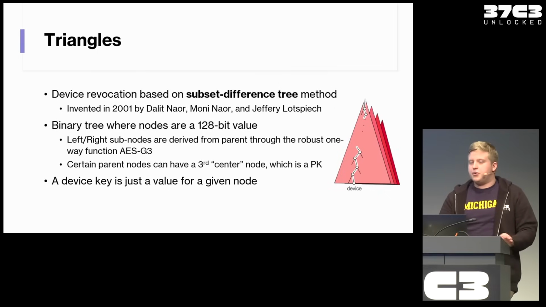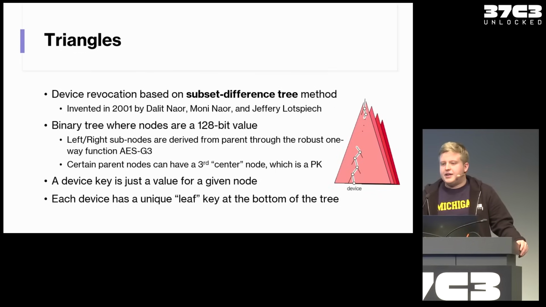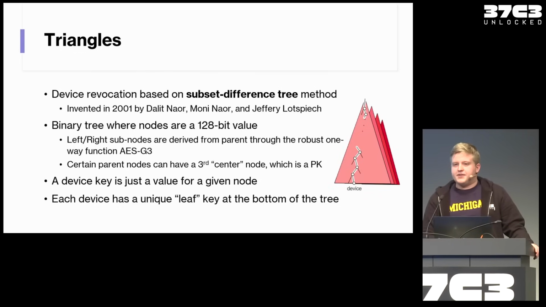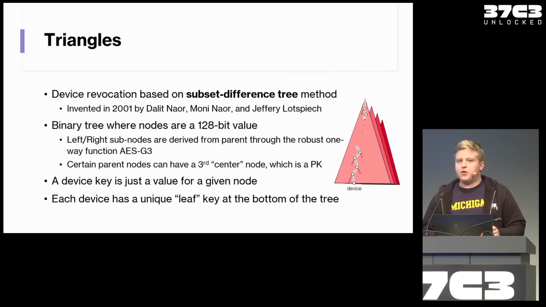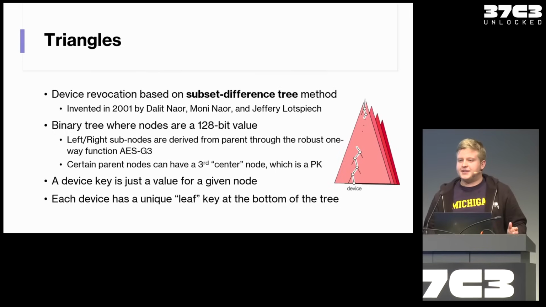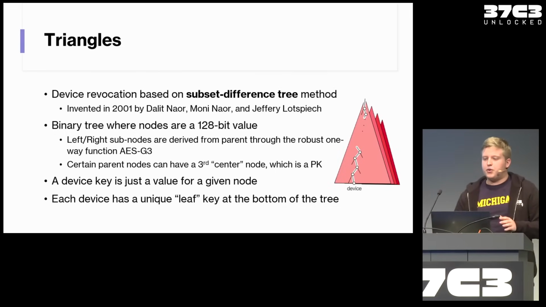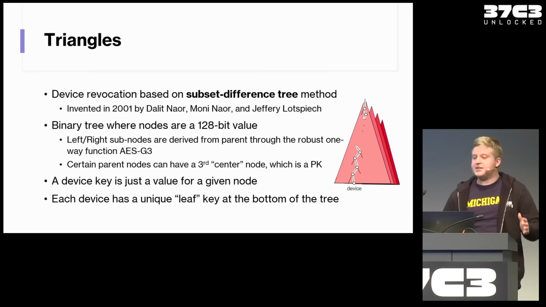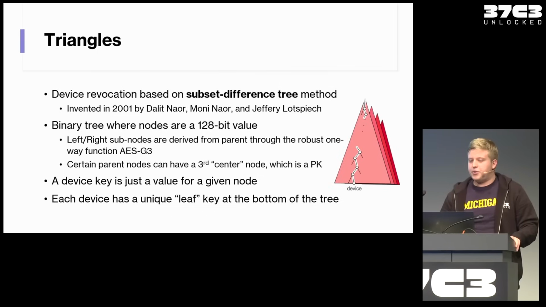And a device key, or the device key set, is just the set of node labels that they give to you at very certain points in the tree. And each device has a set of device keys, but the whole system of devices has some overlap of the total possible device keys that's computed in a way where every device has a lot of shared overlap, but is guaranteed to have exactly one unique leaf key at the very bottom of the tree that no other device in the scheme has.